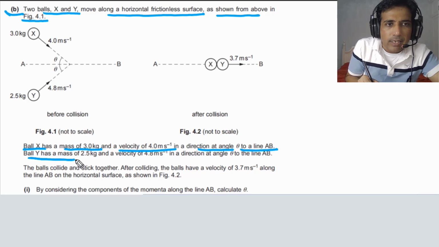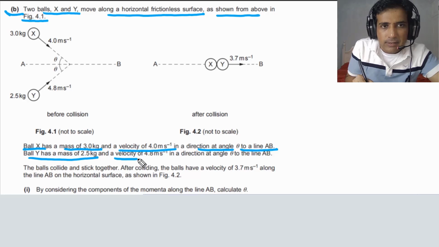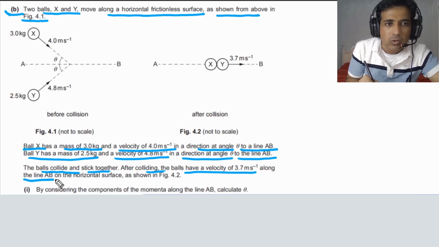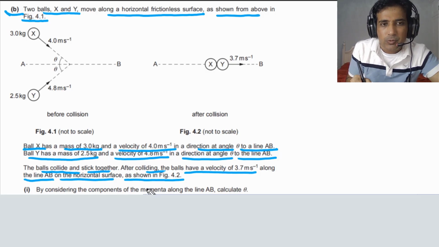And ball Y has a mass of 2.5 kg and a velocity of 4.8 meters per second in a direction at an angle theta to the line AB. The balls collide and stick together. After colliding, the balls have a velocity of 3.7 meters per second along the line on the horizontal surface, as shown in figure 4.2. For part B1, we need to consider components of the momenta along the line AB, and we need to calculate the value of theta.